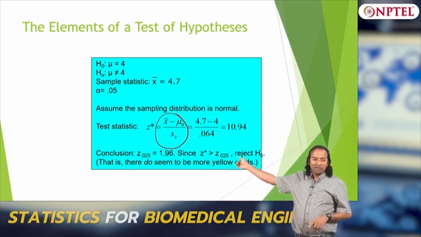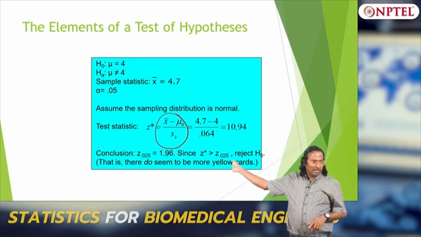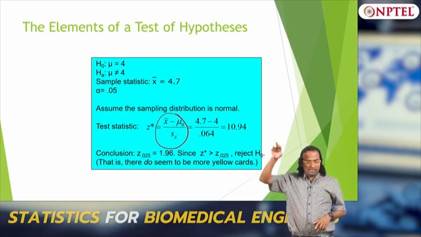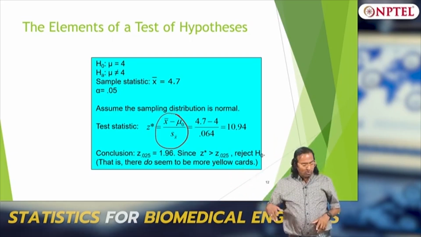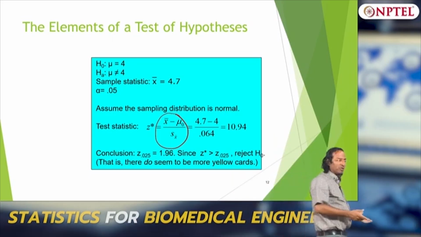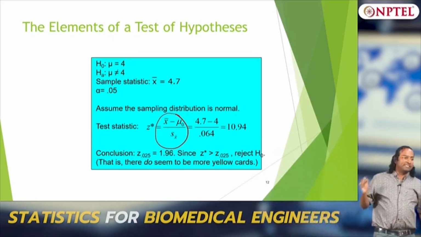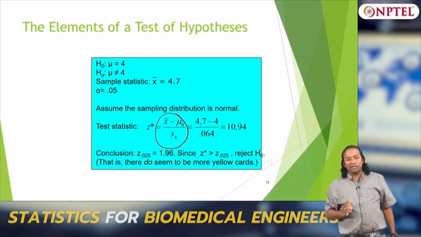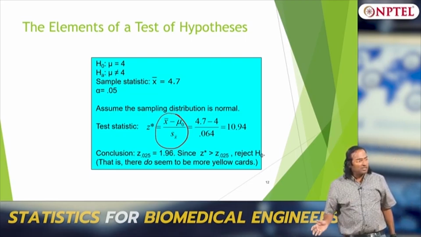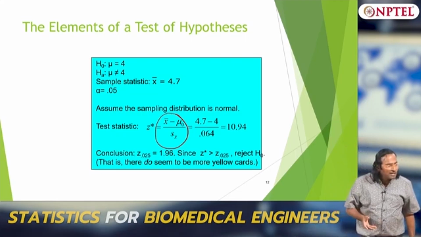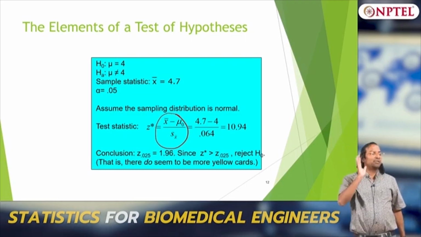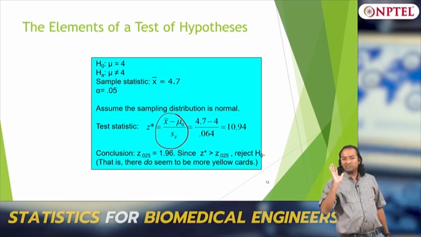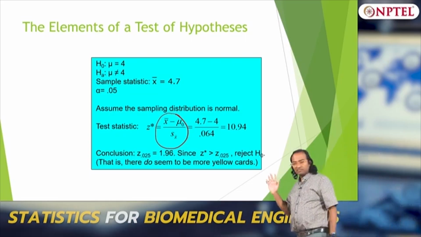In this case mu naught is known to you, that is the given average, x bar is 4.7 and you divide it by standard deviation of x bar which is also given to you. So that becomes your z, this z has to be compared with your z alpha by 2 because it is a two sided hypothesis. If it is a one sided hypothesis it will be compared with z alpha, that is all. Clear? Simple idea.